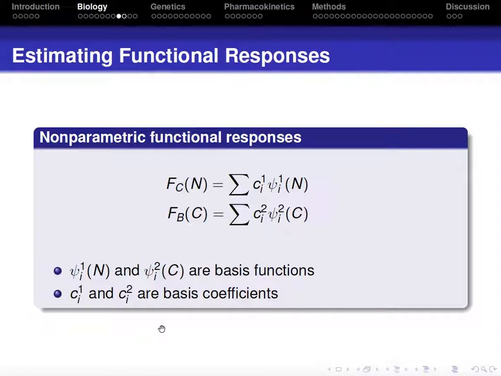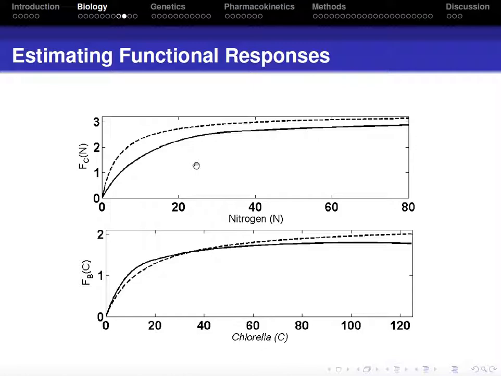As we learned in this course, when we estimate a function, we can always estimate it as a linear combination of basis functions, right? Here these phi are the basis functions, and these c are the coefficients of the basis functions.